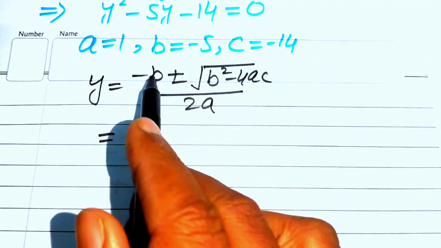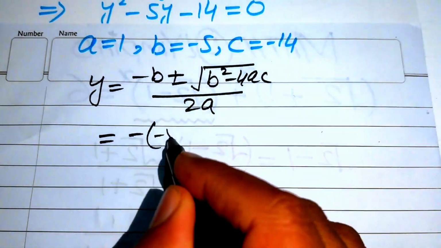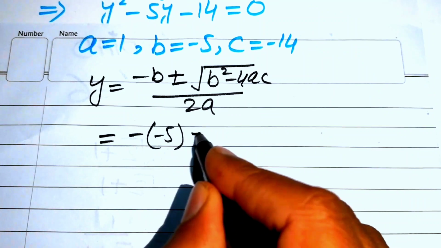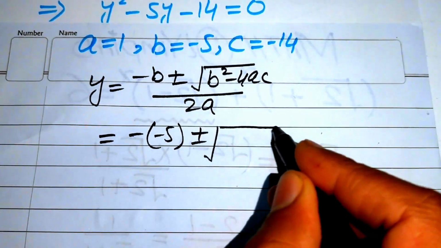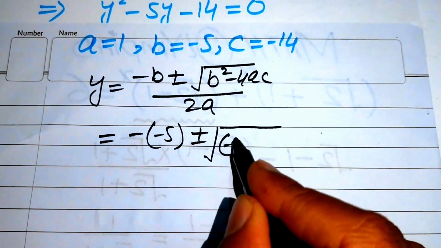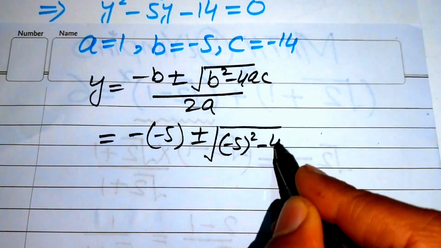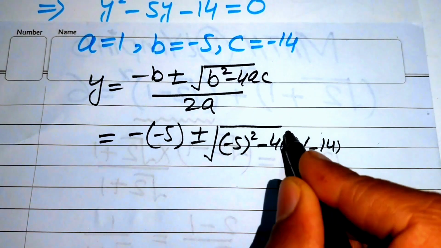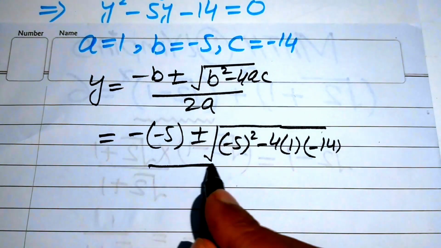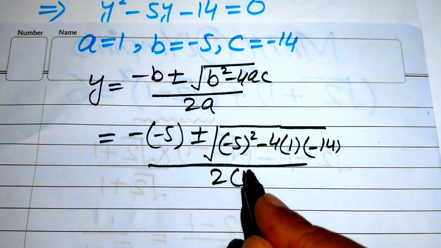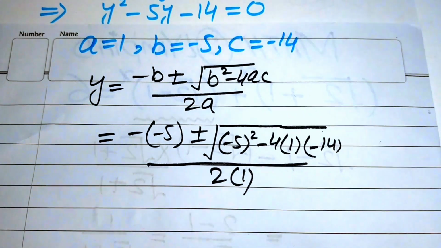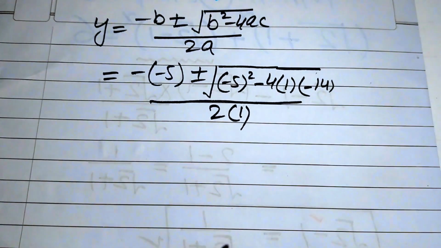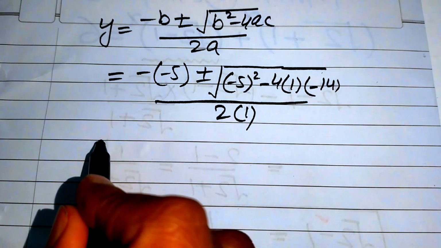So this is our quadratic formula, and now we put the values of a, b and c here, and the value of b is minus 5. So when we substitute here, it becomes minus times minus 5 plus minus square root of b square. So our b is minus 5 squared, minus 4 times a, which is 1, and c, which is minus 14, divided by 2 times a, and our a is 1. Now we simplify the terms and move toward finding the value of y.